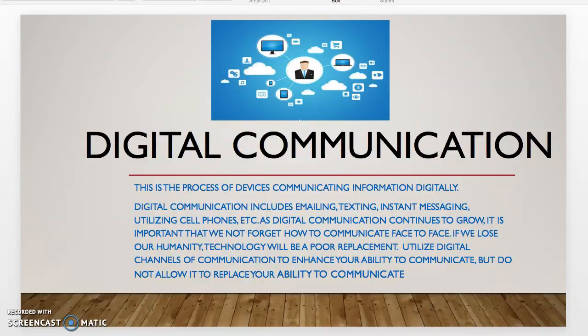The next one is digital communication. This is the process of devices communicating information digitally. Digital communication includes emailing, texting, instant messaging, utilizing cell phones, etc. As digital communication continues to grow, it is important that we not forget how to communicate face-to-face.